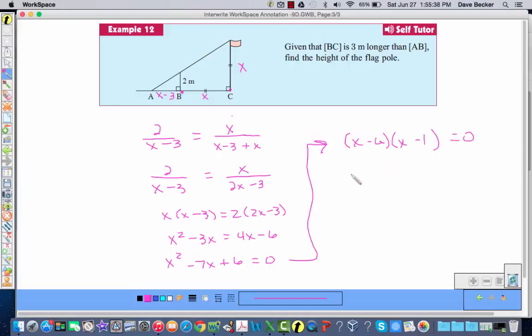So x could be equal to 6, or x could be equal to 1. And you always, always, always need to be checking your solutions. x cannot be equal to 1 because if you look here, 1 minus 3 is a negative number, and you cannot have a negative 3. So our answer is x equals 6, and you could replace x and check all that out to be sure of your answer.